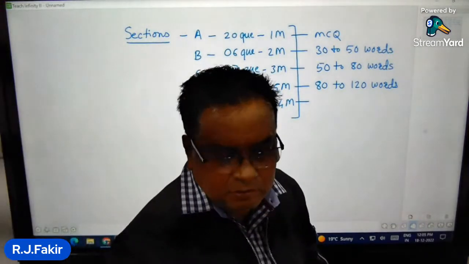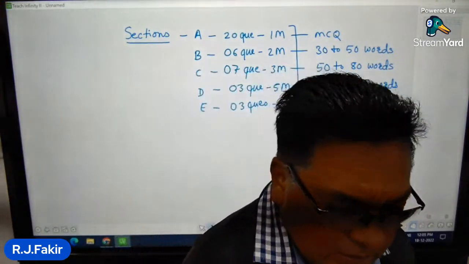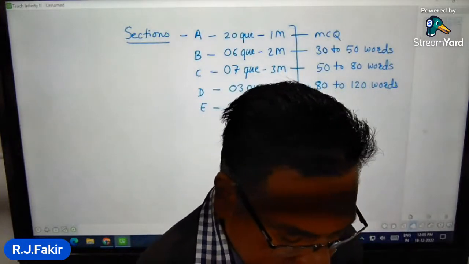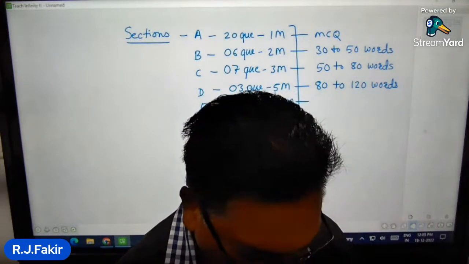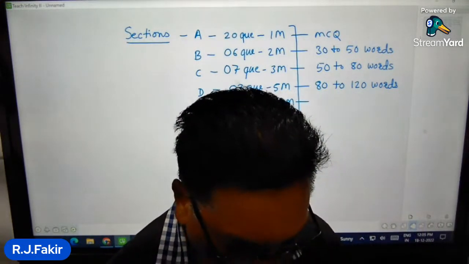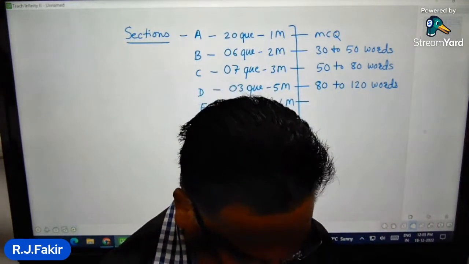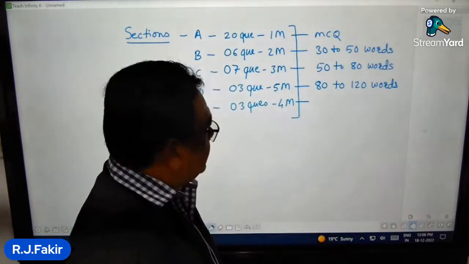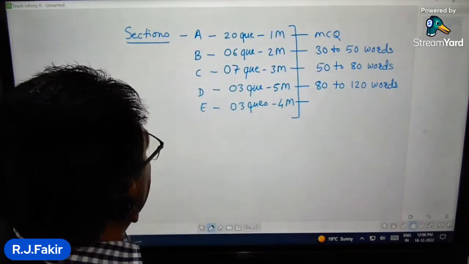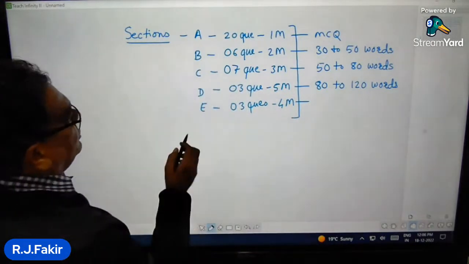Now, if you refer to the sample paper which is circulated to you, if you have that one, you can refer to that. So your section A of the paper will be containing question number 1 to 20.